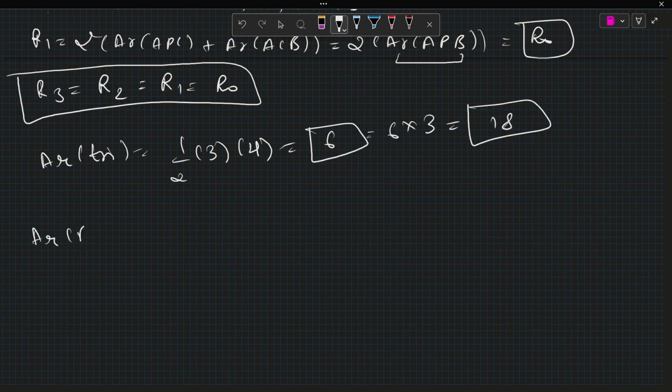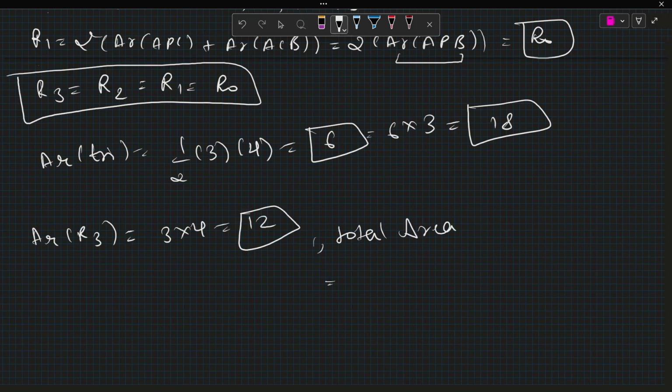Now the area of rectangle R3 is 3 into 4, 12. So the total area of the whole structure should be the sum of this area and this area, which is 30.